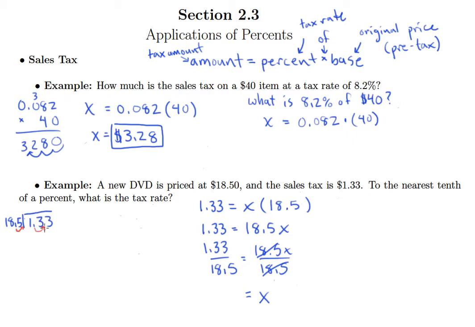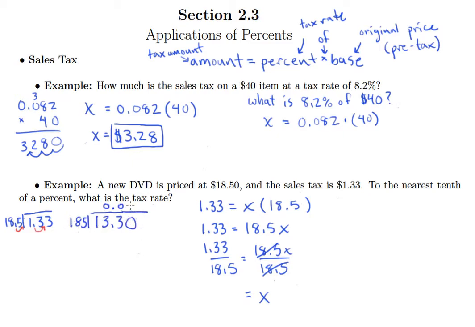The division problem I really have is 13.3 divided by 185. 185 does not go into 13, so we put a 0 there. Decimal point. It does not go into 133, so we put a 0 there.